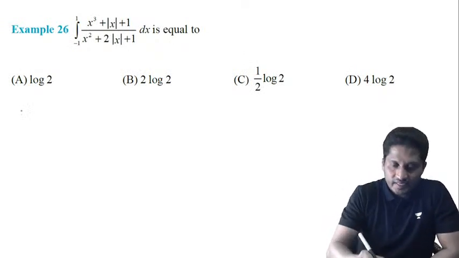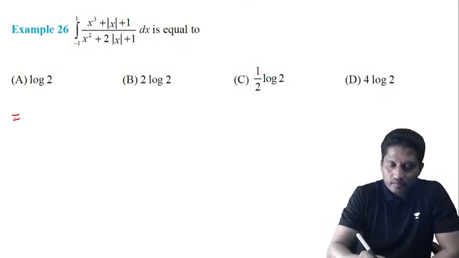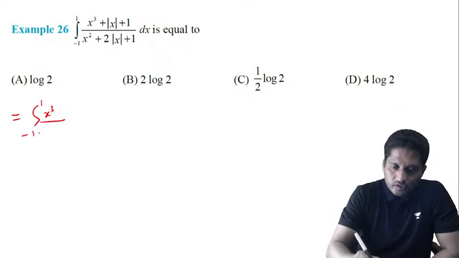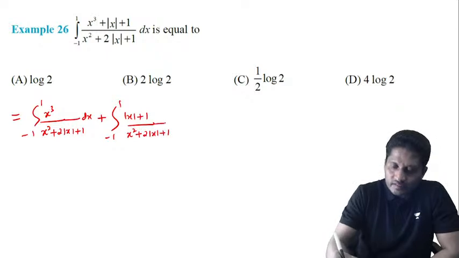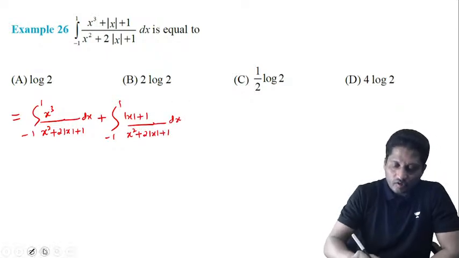Now if I integrate this from minus 1 to plus 1, x cube divided by x square plus 2 mod x plus 1 dx, and from minus 1 to plus 1, mod x plus 1 divided by x square plus 2 mod x plus 1 dx.